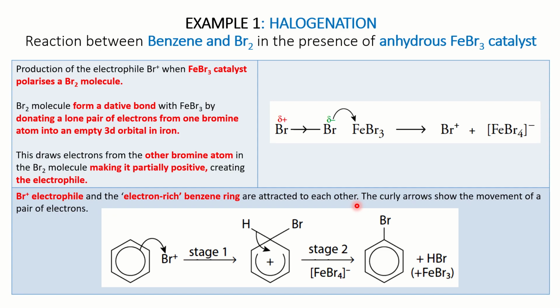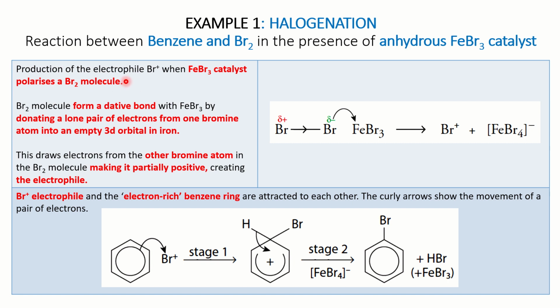So let's take a look at the first example, halogenation. I'm choosing the reaction between benzene and bromine. This reaction requires an anhydrous FeBr3 catalyst. The reason we need this catalyst is because FeBr3 will help you produce your Br+ electrophile. The production of the electrophile, Br+, happens when your FeBr3 catalyst polarizes the Br2 molecules.